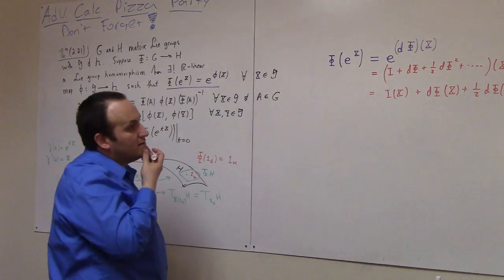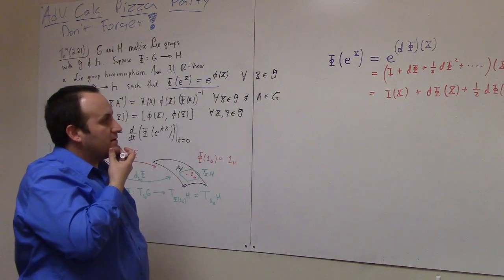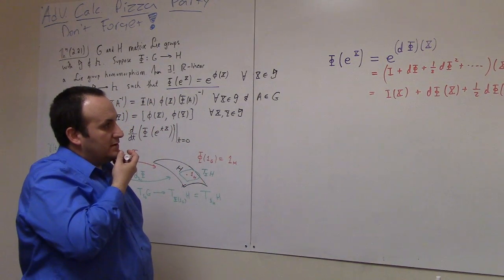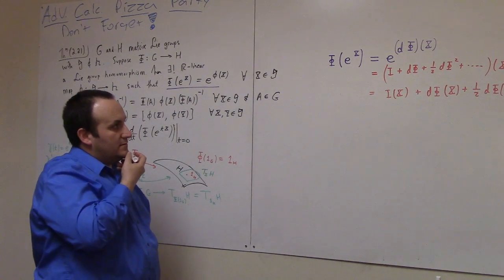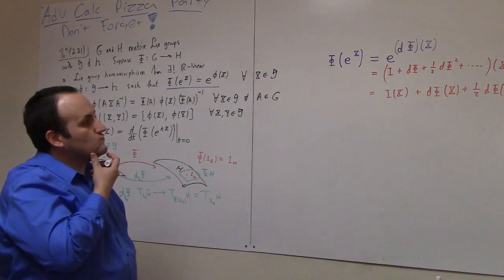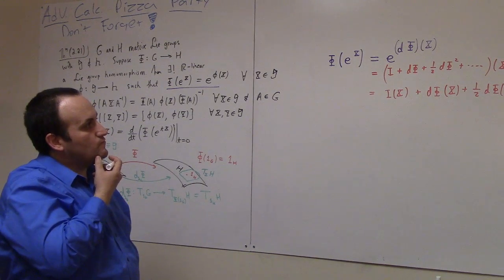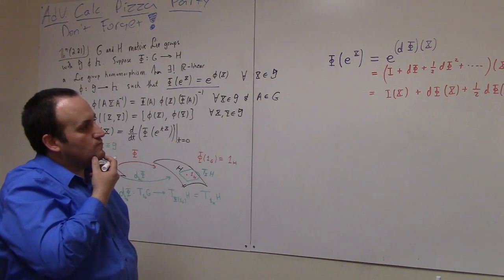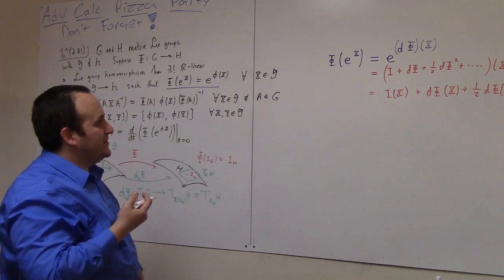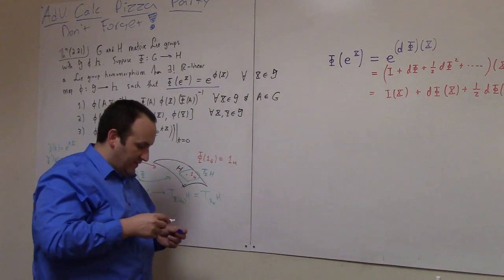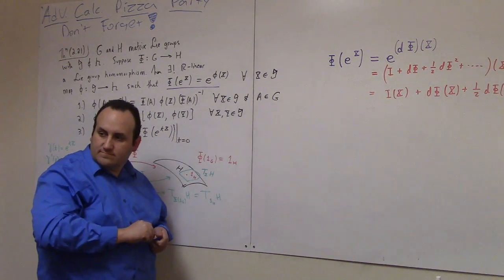Let's see here. Yeah, it's not at all obvious to me how to see that identity in this way of thinking. What is capital Phi though?